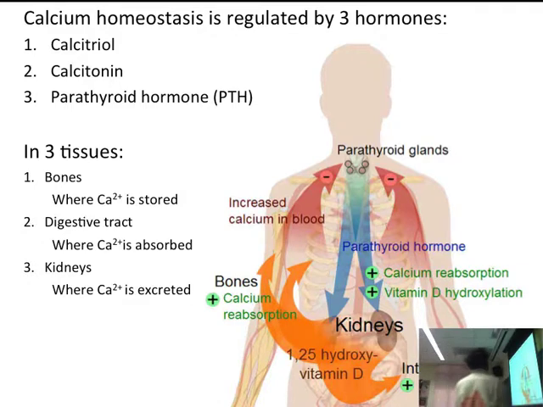And it's controlled in 3 tissues: bones, where the calcium is stored; the digestive tract, where calcium is absorbed from your diet; and the kidneys, where calcium is excreted. All right? So there's calcium coming into the body through the digestive tract, it's being stored in the bones, and it's being eliminated through the kidneys. All right? That should be pretty simple. And then these 3 hormones control that.